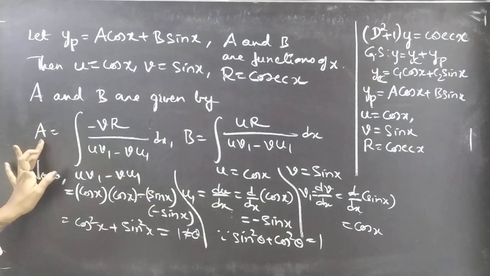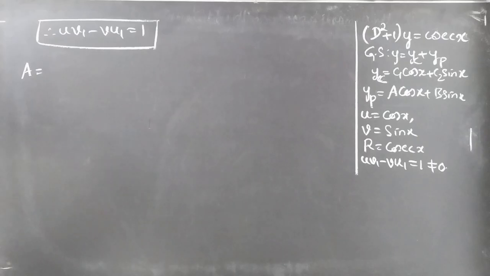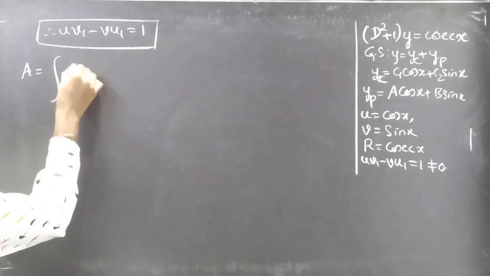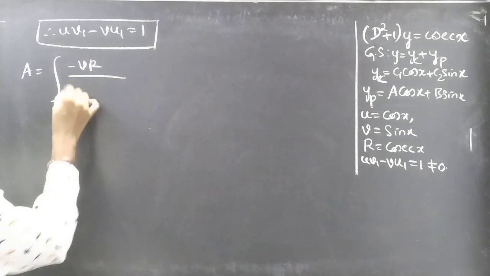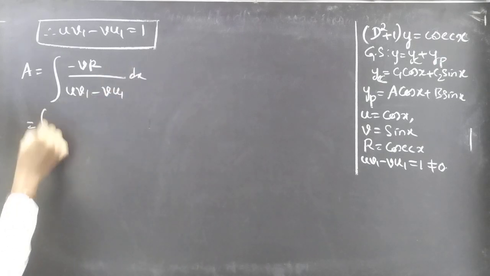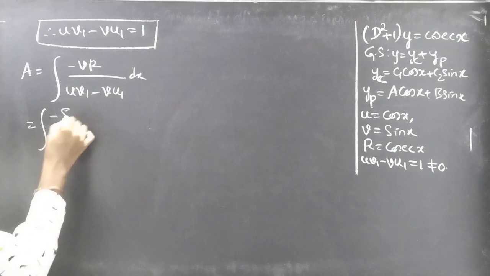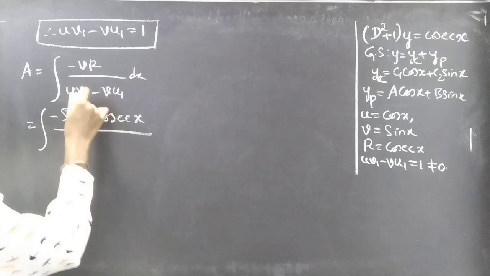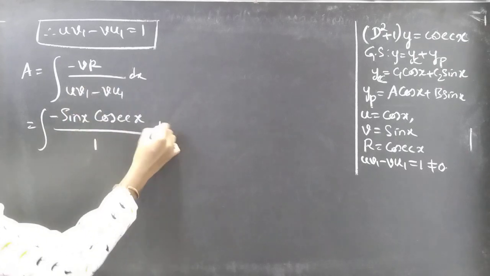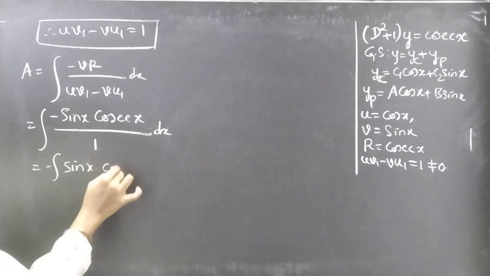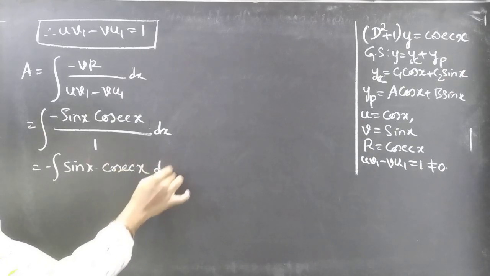Fine. Now let's find a and b. Firstly, we'll find a, which is given by integral minus v r by uv1 minus vu1 into dx, which equals integral minus sin x into r, cosecant x, by uv1 minus vu1, which is 1, into dx, which equals minus integral sin x into cosecant x dx.